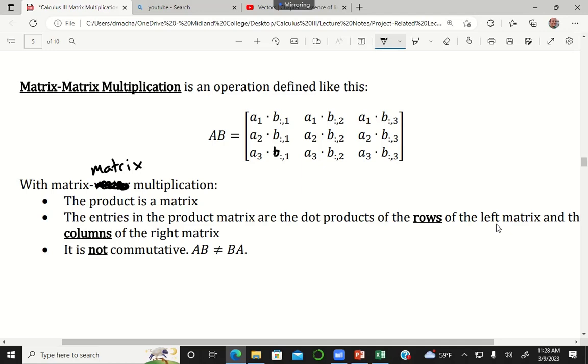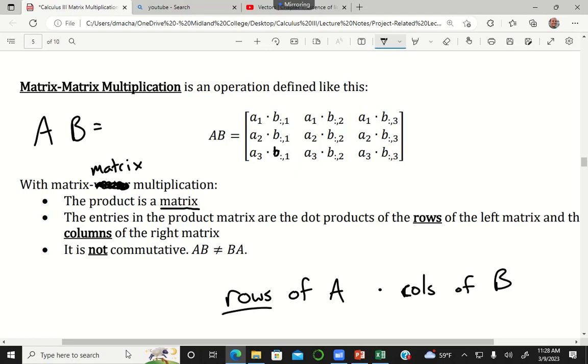In this case, I've named them capital A, a matrix, times capital B, a matrix. And then what you end up with as a product is also a matrix. The entries in our product are going to be the dot products of the rows of the left matrix, in other words, the rows of A dotted with the columns of B.